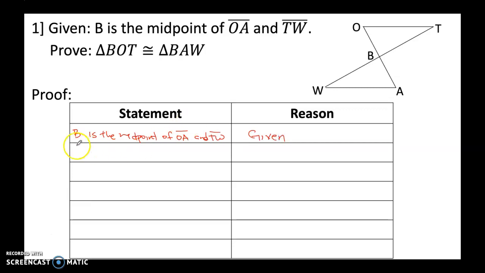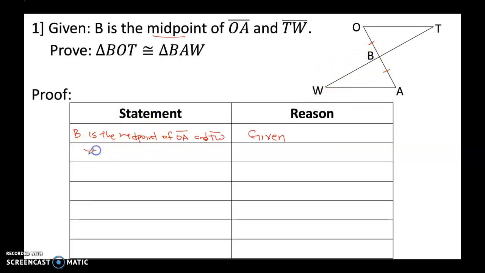Now, using the first statement, point B is the midpoint of segment OA. So what happened in segment OA if point B is the midpoint? It can form two congruent segments. So what will be the congruent segment?